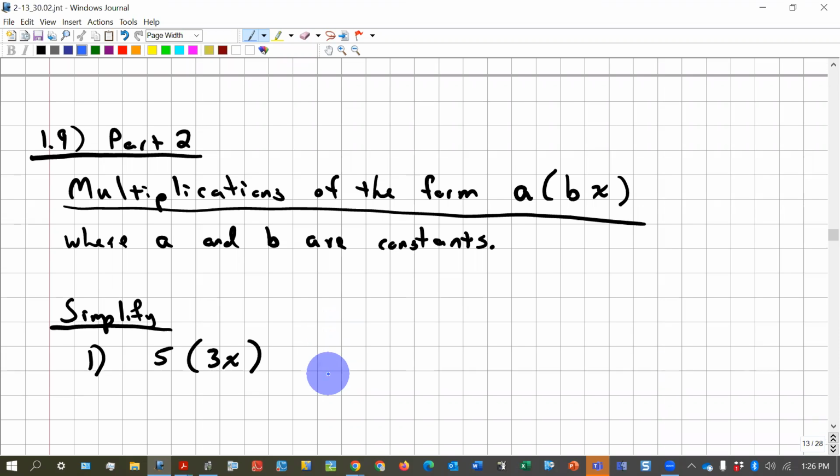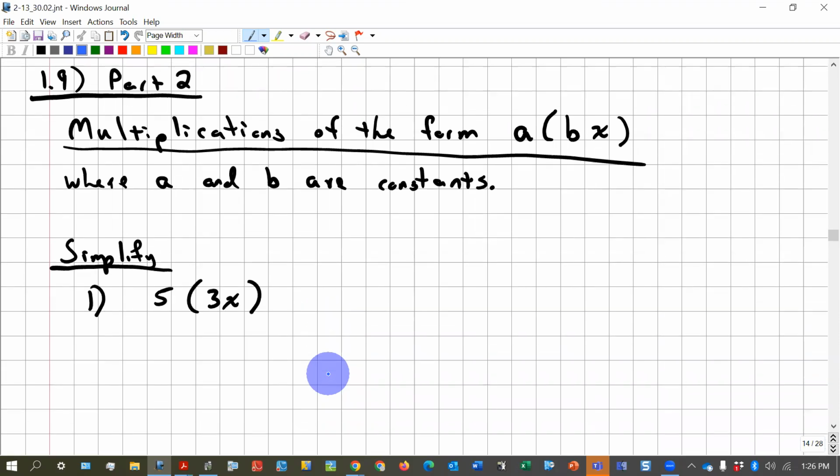So like 5 parentheses, 3x, close parentheses. There are 2 implicit multiplications that weren't written on the paper. And when I write them on the paper, I see that I have only multiplication, no addition or subtraction this time.